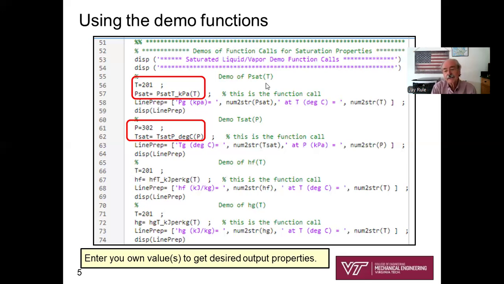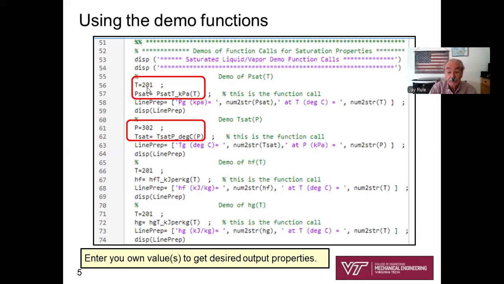At a temperature of 100 degrees C, what would you expect the saturation pressure to be there? Well, 100 degrees, that sounds like the boiling point at 1 atmosphere, doesn't it? So the saturation pressure would be 100 kPa. That's just in your head. Well, here's a demo of the way we can get the saturation pressure at any temperature. In MATLAB, I'm going to say T equals 201.